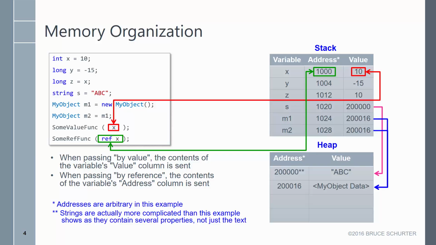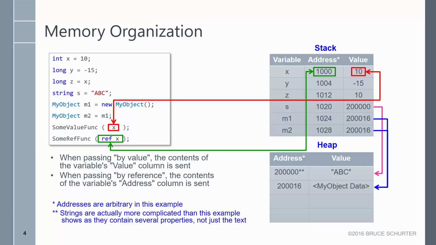So when we assign the value ABC to the string s, what happens is we find the next available address in the stack, which happens to be 1020, and then instead of storing ABC at the location in the value column, what we end up doing is allocating memory in the heap, which you can see below, and store ABC there.